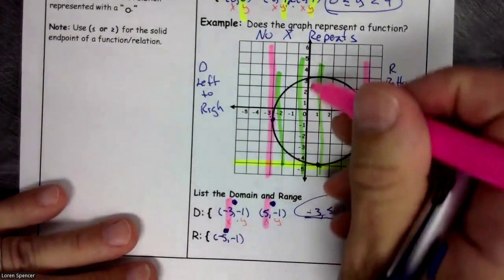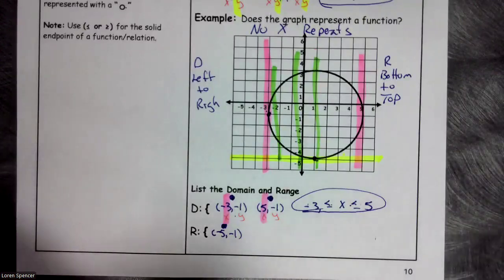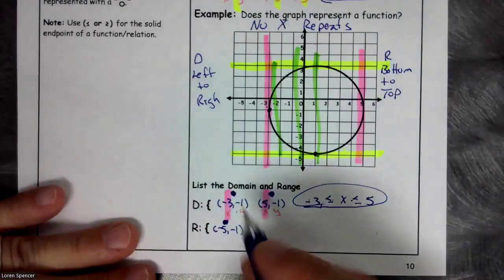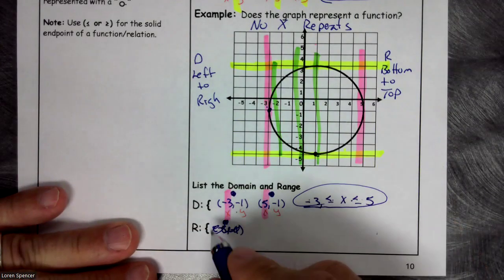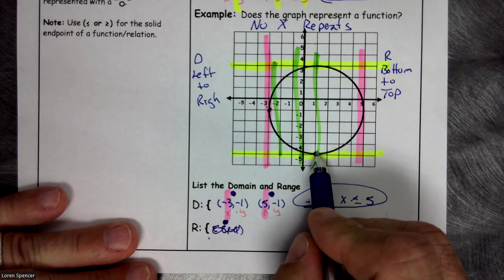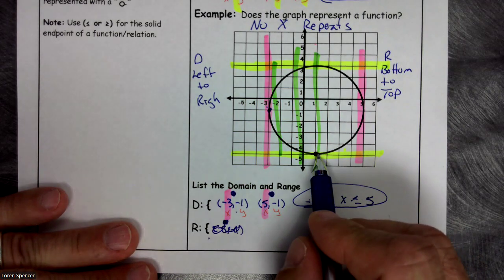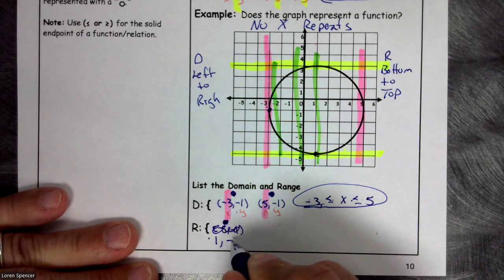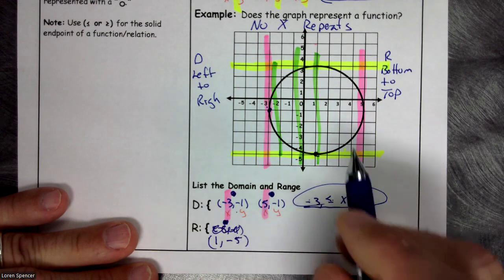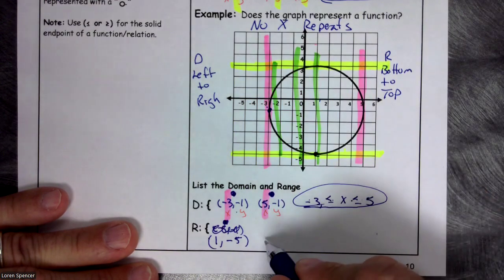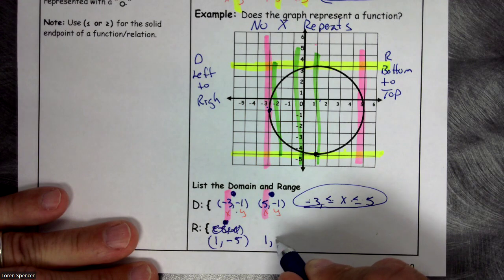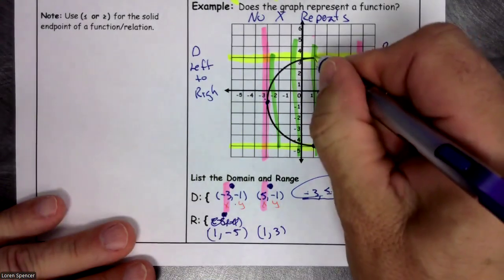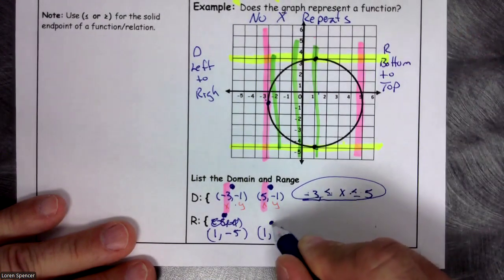Oops, wrong color. Boy, I keep writing these backwards. It's horrible. So let me try that again. Looks like my lowest value is at 1, -5. I apologize for that. It looks like my highest value is at 1, +3. Again, solid line, so it gets a solid dot.